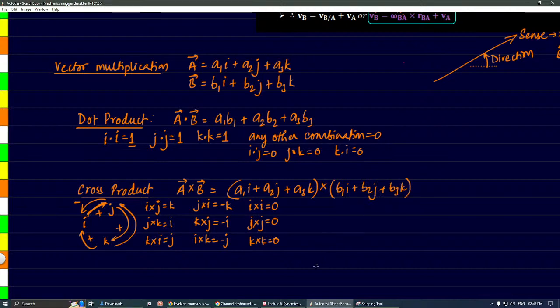We multiply first with first, first with second, first with third, then second with first, second with second, second with third, and for all these we need to apply the formulae.